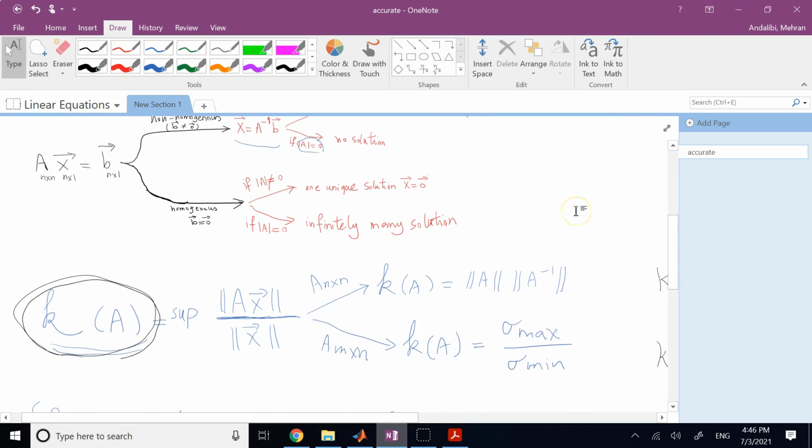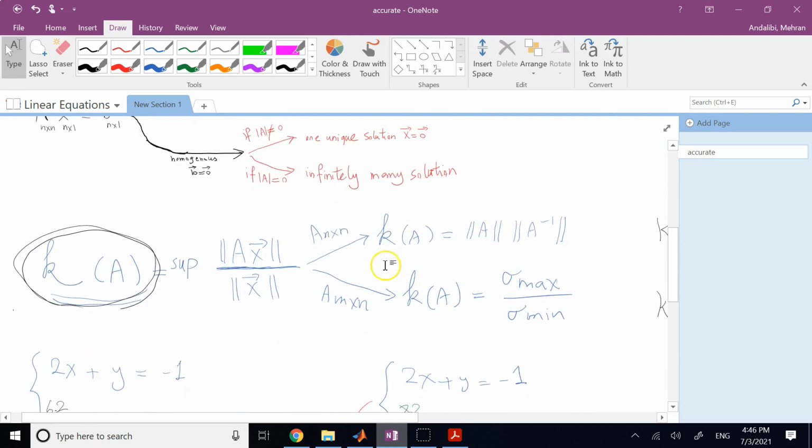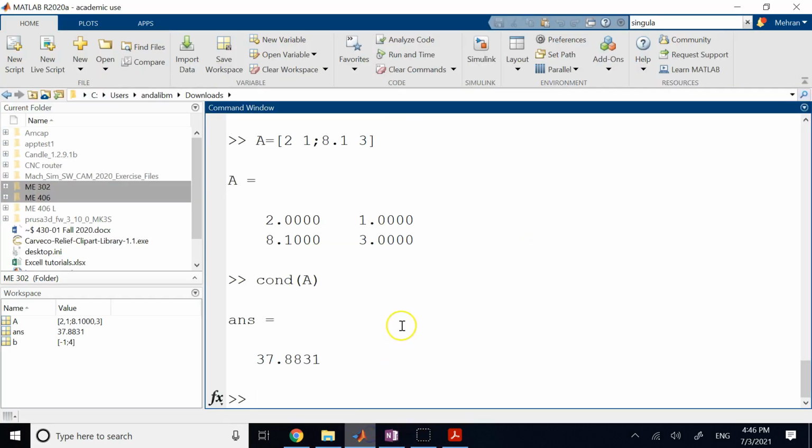And the way that MATLAB calculates it is using the singular values, or by calculating the norm of matrix A times the norm of the inverse of it, which we'll talk about later. But in MATLAB, you can always use the command svd for singular values.